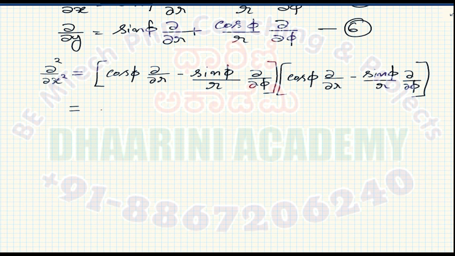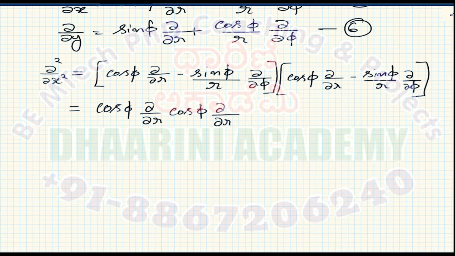So let's write it now. This is cos phi dou by dou r into cos phi dou by dou r. That's the first term.